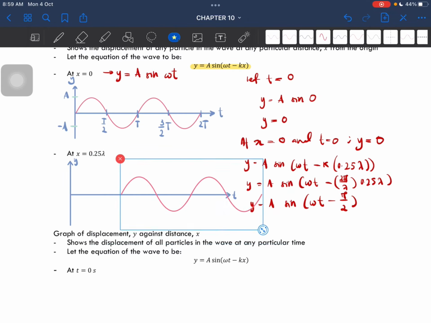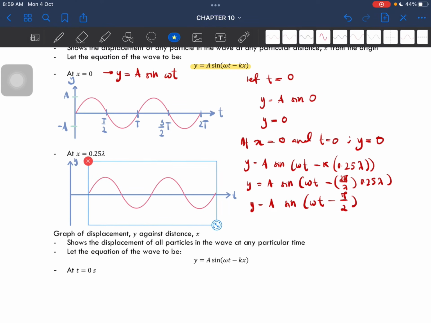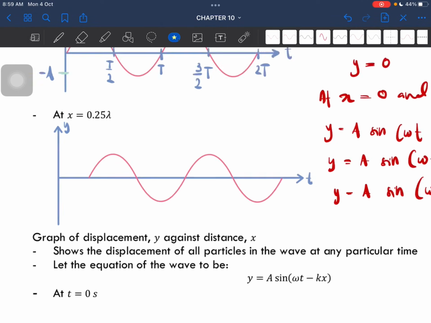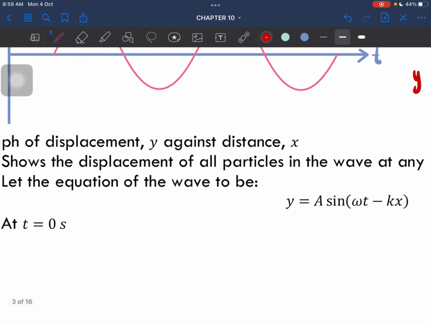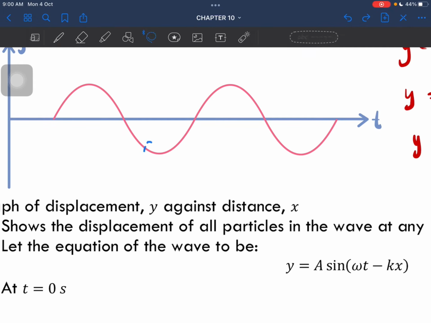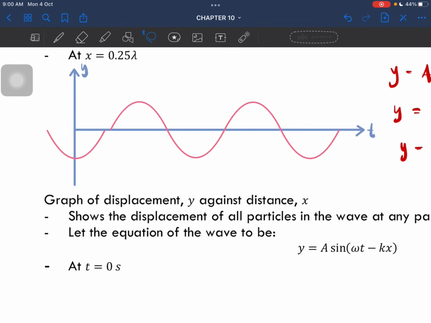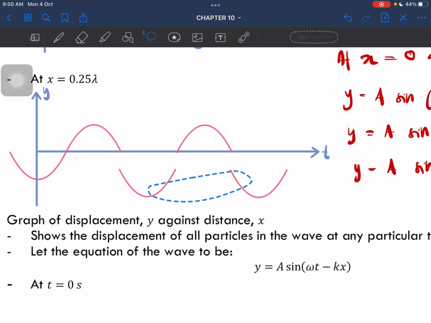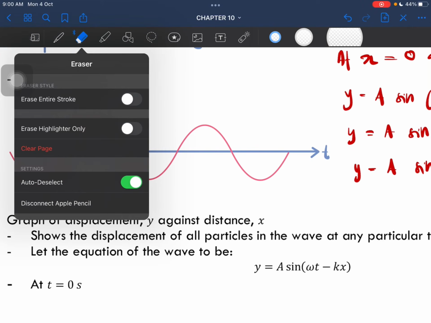So 0.25 lambda is something like this, 0.25 lambda. 0.25 lambda is 1 over 4 of lambda. So actually it has moved 0.25 lambda.